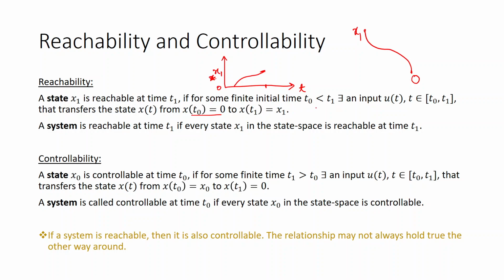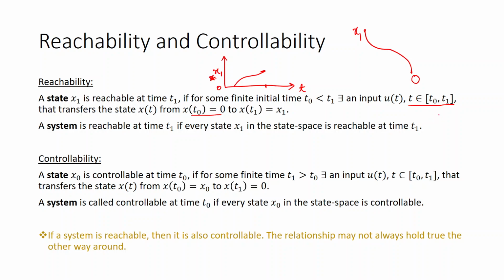So the initial time t0 less than t1, there exists an input u(t) throughout this time t0 to t1. So that input u(t) must always be existing from time t0 to t1.